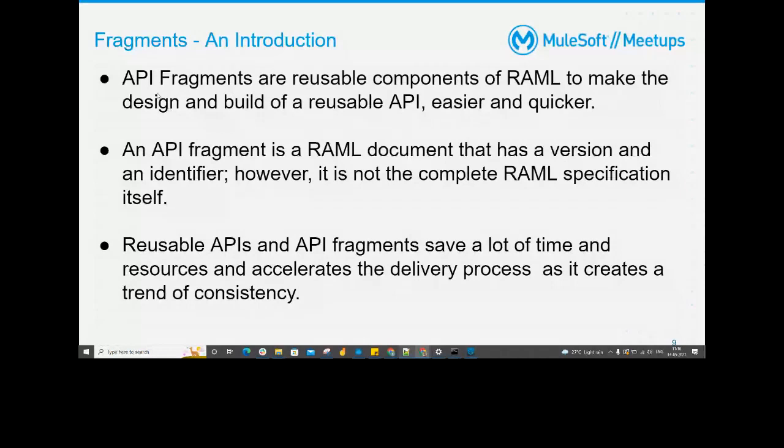The purpose of writing that piece of code is that whenever and wherever needed, you can pull out the code which is written in the fragment and use it as it is in your actual API specification. So this makes your API fragment a reusable component because it's a separate piece of code. You can use this particular code in any of the API specifications as and when needed.